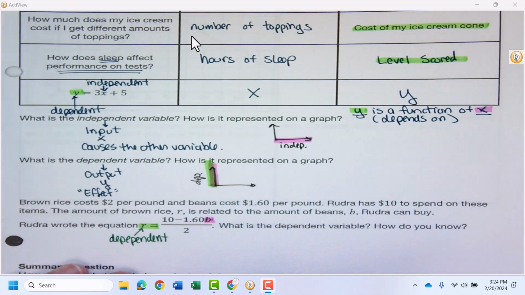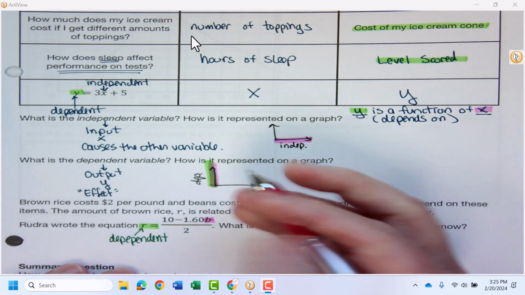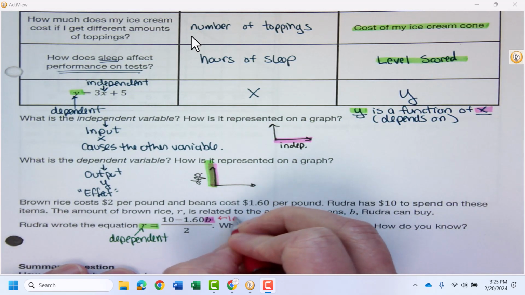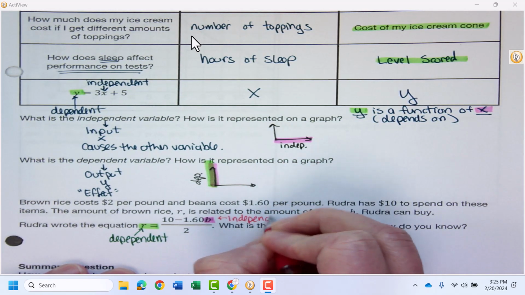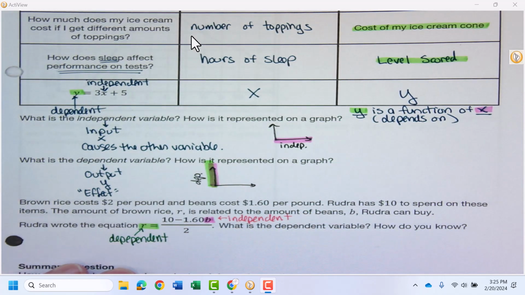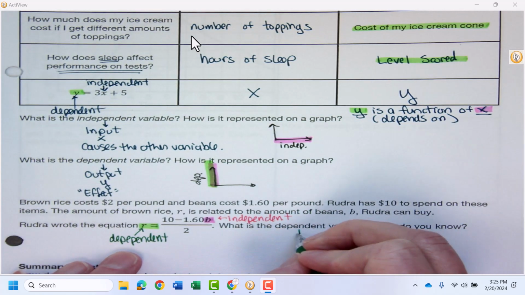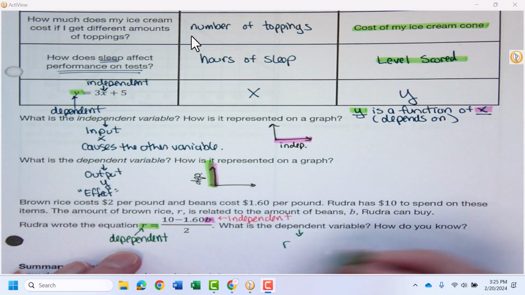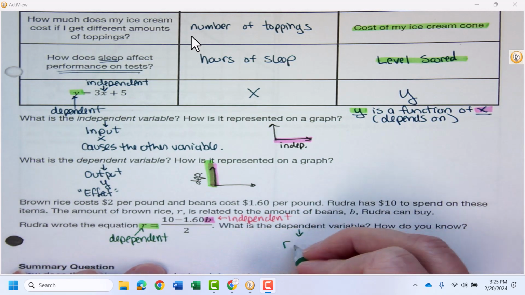There's the beans. So I know that R is the dependent variable because the equation is solved for R.